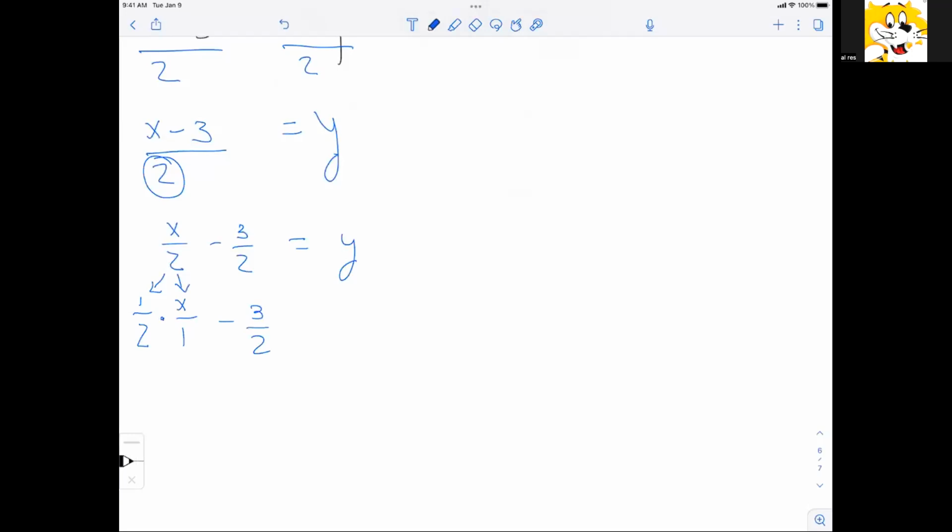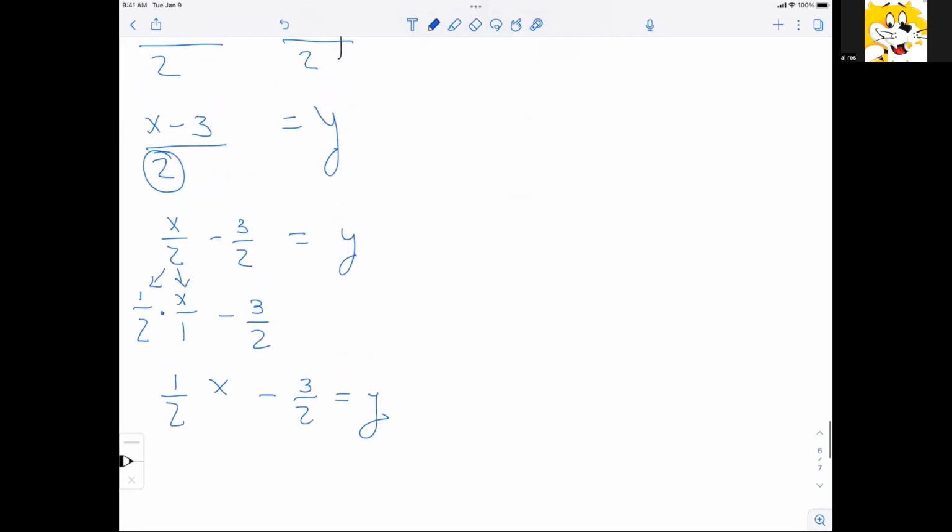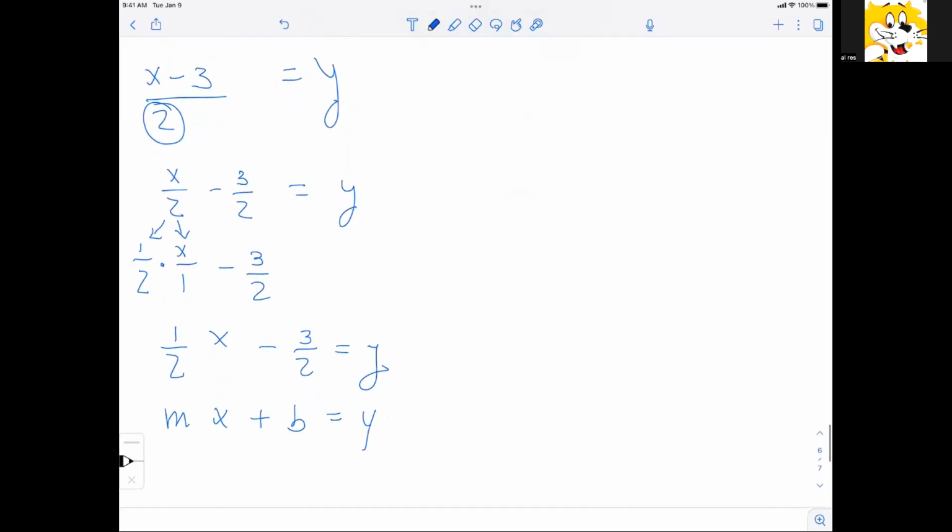So let me rewrite this. 1/2 x minus 3 over 2 is equal to y. So isn't this a linear equation? It sure is. What's my slope? My slope is 1/2.